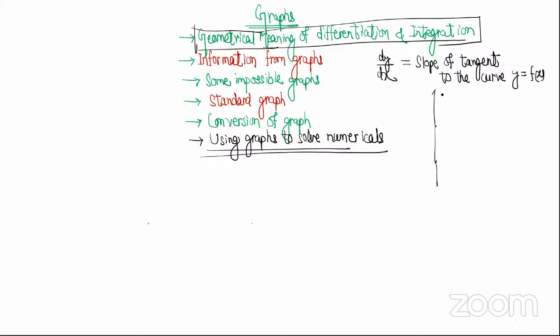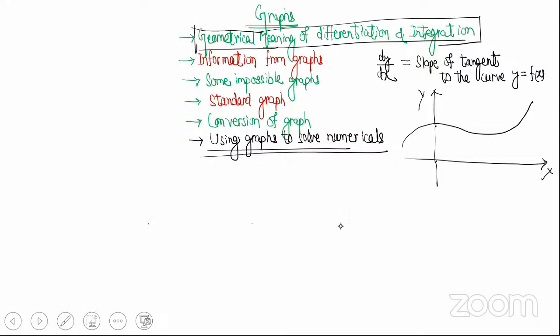It tells us if you have a graph of y versus x, and then if you want to find out the slope of tangent at any point, how will you find out? Find dy by dx, and then in dy by dx you put the values of the coordinate. जैसे इसका कोऑर्डिनेट मान लो x1, y1 है.